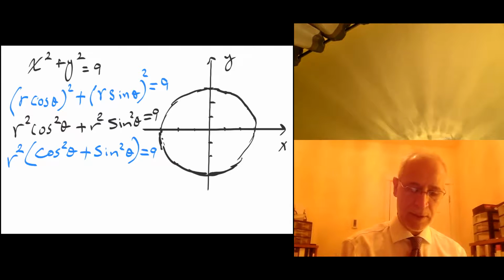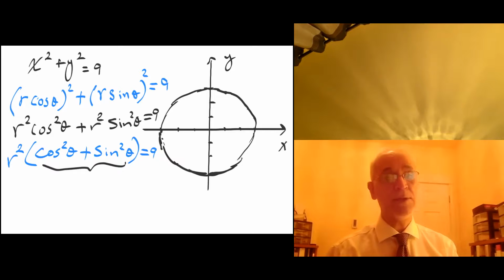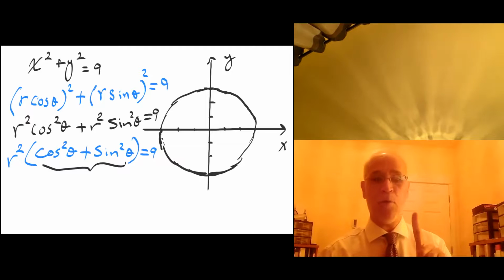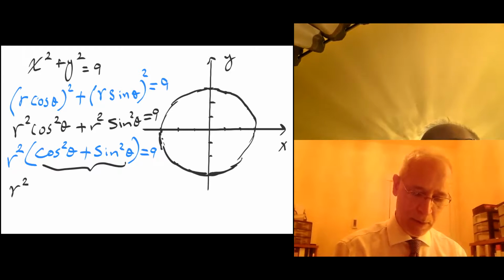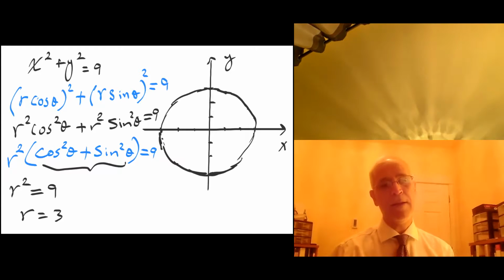And cosine squared of theta plus sine squared of theta is 1. Okay, so r squared equals 9, so r equals 3. So notice that it is very consistent with the Cartesian coordinate.